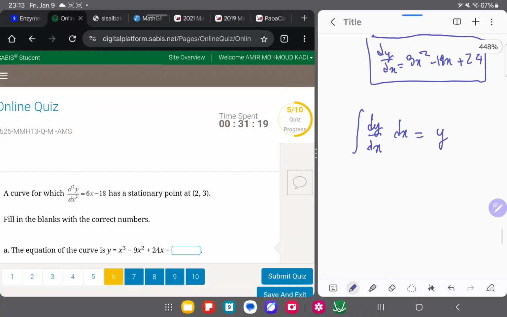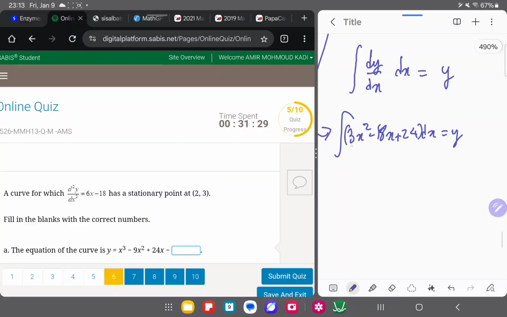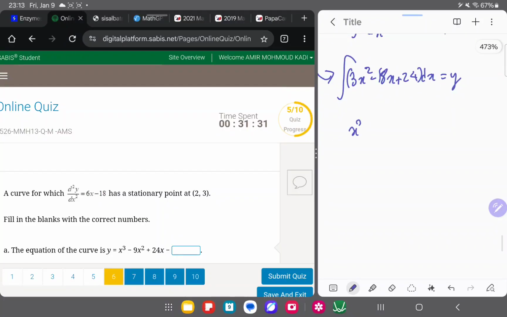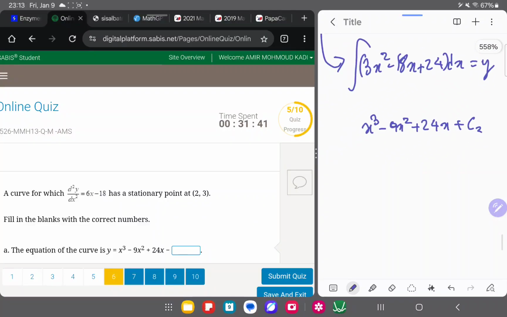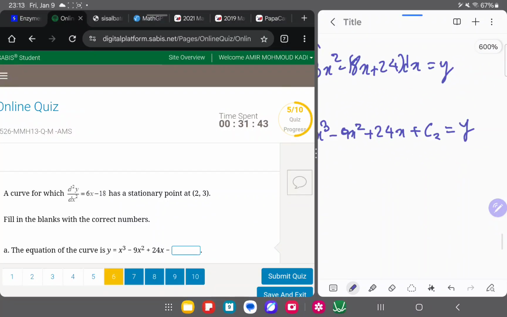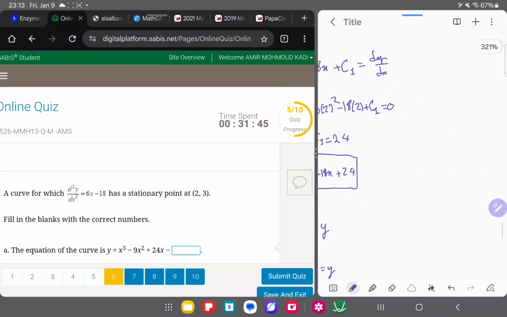So the integral of 3x squared minus 18x plus 24 dx is equal to y. I'll simply integrate to get x cubed minus 9x squared plus 24x plus c2, which is our second constant. And this must be equal to y.